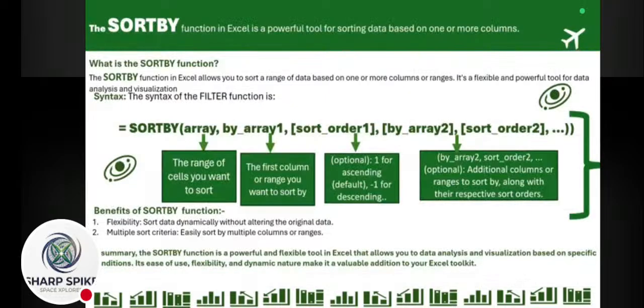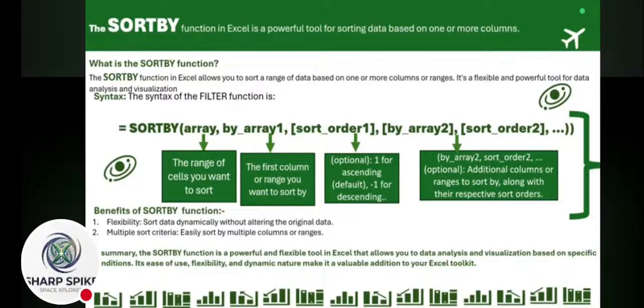Now let's look at the SORTBY function in Excel. It is a very powerful tool for sorting data based on one or more columns. Its syntax is equals to SORTBY, array 1, comma, sort order 1, by array 2, sort order 2, and so on. Let's understand the benefits of the SORTBY function. It is very flexible and sorts data dynamically without altering the original data.